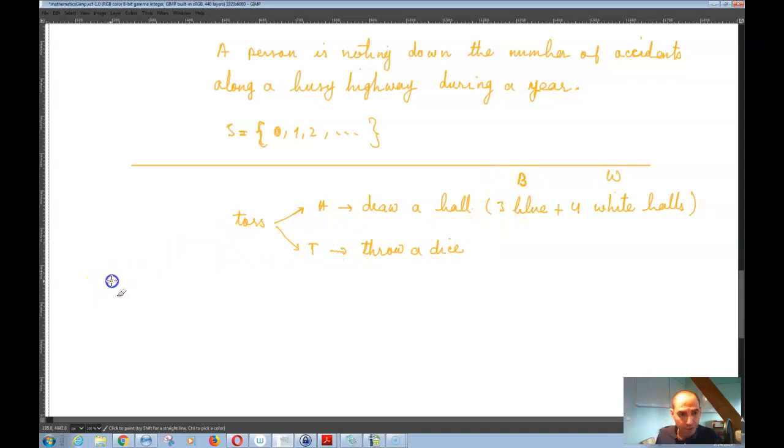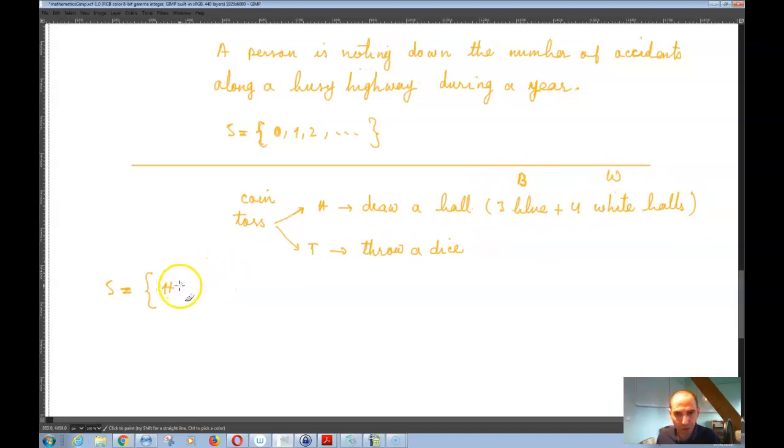So the sample space would be something like this. If you toss the coin and get heads, then you draw a ball from these balls, which is 3 blue balls and 4 white balls.